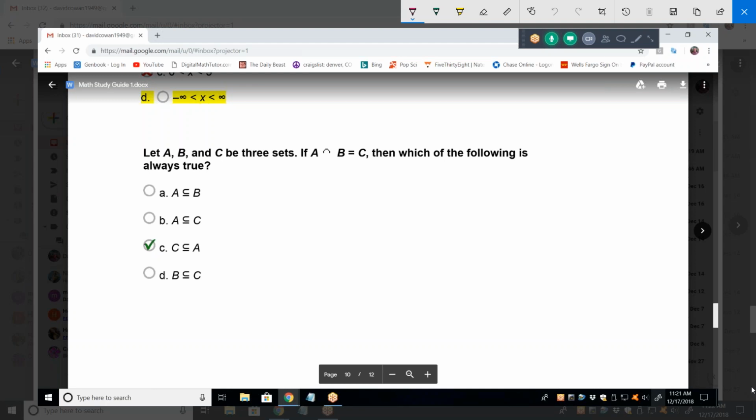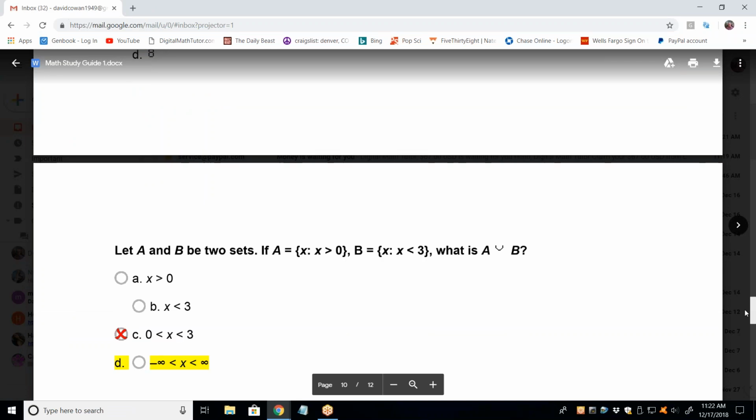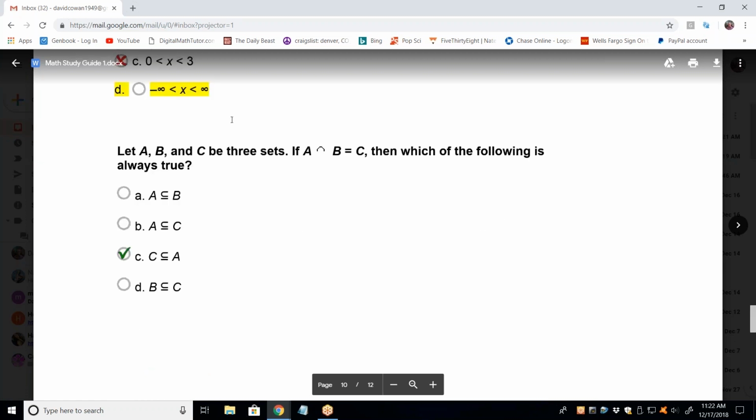Let's see if we can figure out what this means. We're first of all talking about 3 different sets. A union... No, hold on a second. The union is a U. The upside down U is the intersect.